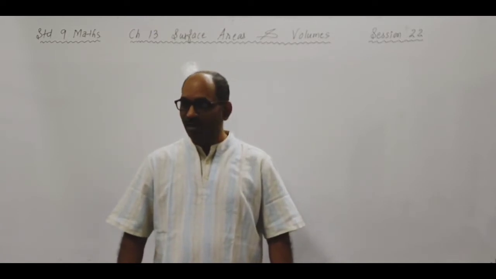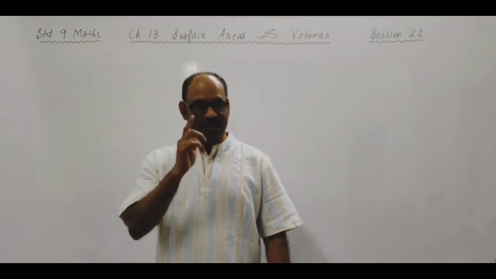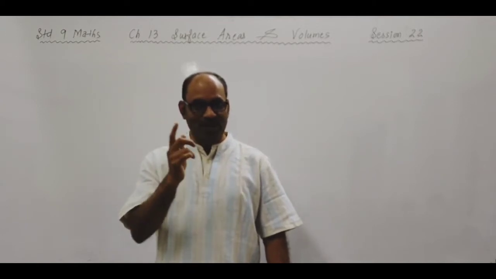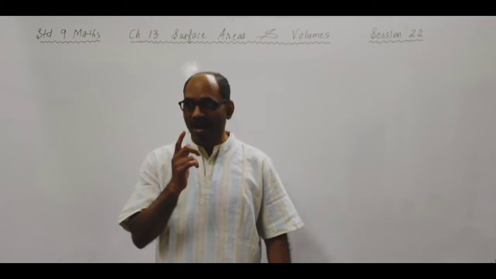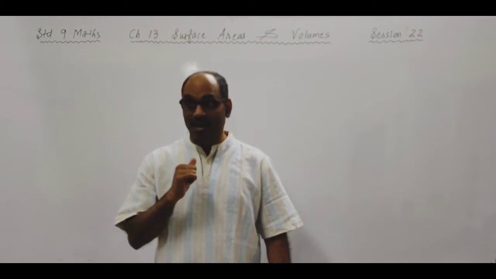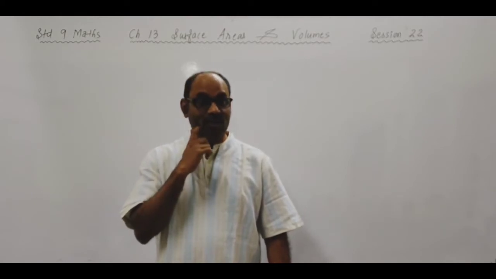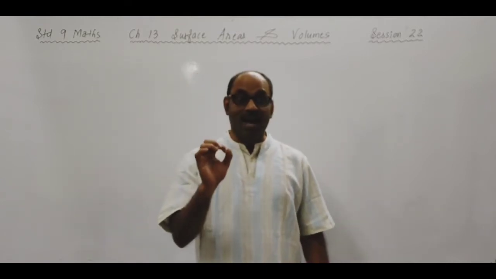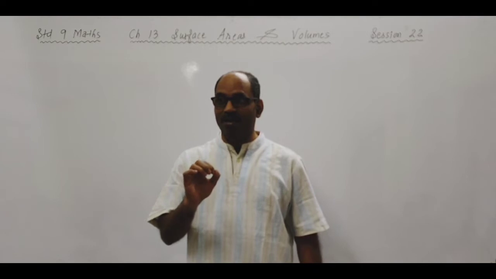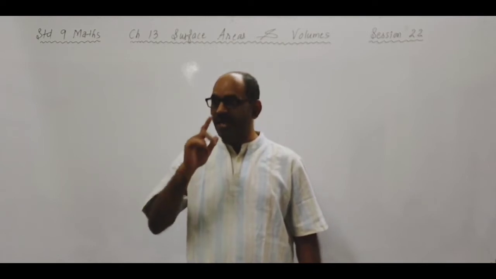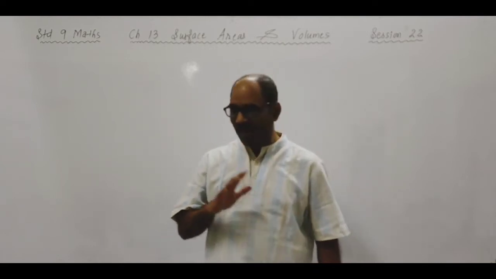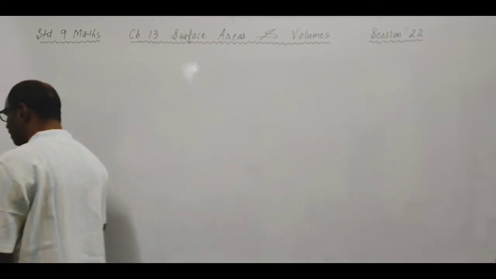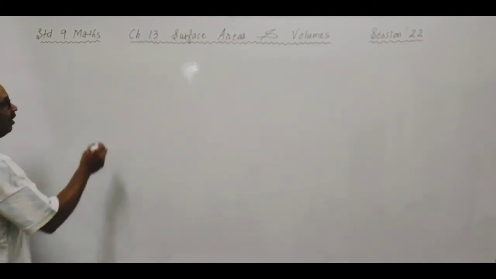Curved surface area we have already seen. What is curved surface area of cone? πrL, where L is slant height. So in surface area formula, slant height L is involved, but in volume h is involved. Anyways, first let's see the formula derivation.